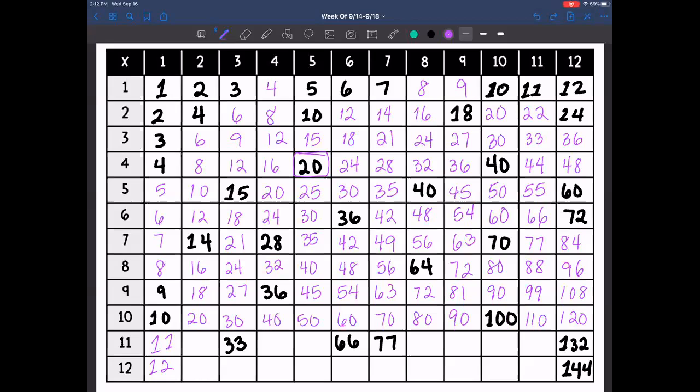Now 11s. 22, 44, 55, 88, 99, 110, 121, 132. Whoa. Slow down. 110, 121, and 132.